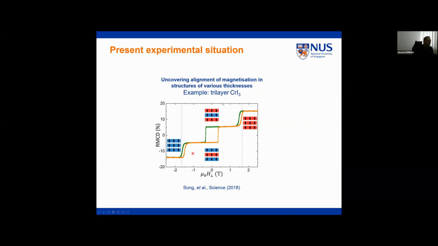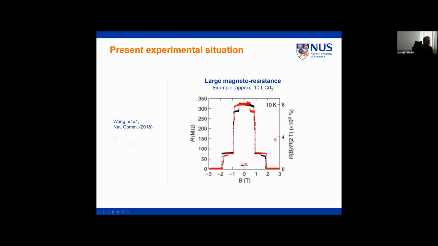So as I said at the very beginning, a common method is to use optical methods that directly observe the magnetization, such as the Kerr effect, Faraday effect, or magnetic circular dichroism. And then you can look at how the magnetization evolves in layers of different thickness relatively easily. Another way to create a similar type of observation of the evolution of magnetization is by fabricating tunneling devices for materials which are semiconducting or insulating.